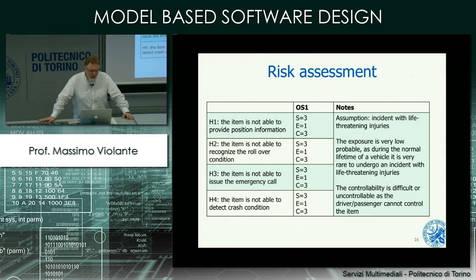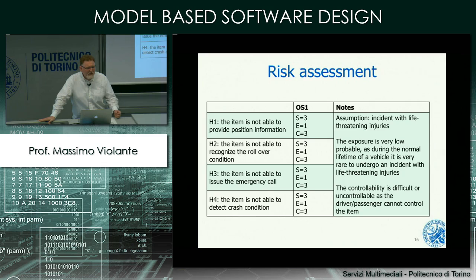But what is saving our life, and it is making the cost of this item not very high, is the fact that the exposure is low. Remember that exposure measures the probability of being in the operational situation for which the hazard could produce harm to people.